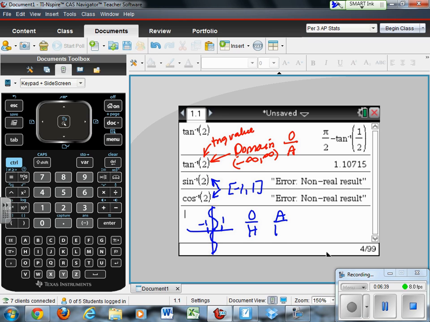The opposite side and the adjacent side can never be bigger than the hypotenuse in a right triangle. So if I ask you to explain, you need to explain using the domain and the SOHCAHTOA definitions of sine and cosine. You explain in sentences why inverse tangent of 2 gives you 1.10715, and those two give you non-real answers. So that's another type of problem that I'll ask you about inverse functions.